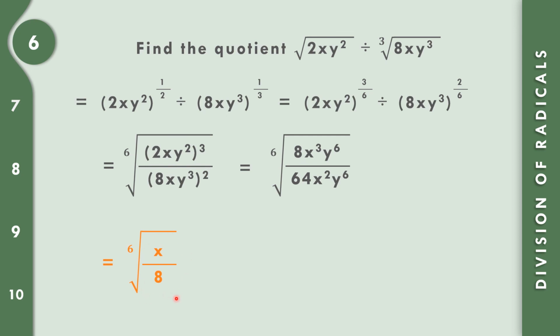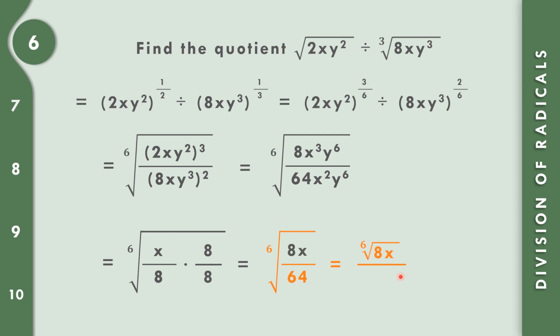Hindi pa to final answer because meron pa tayong radical in the denominator. So, our goal, kailangan ma-cancel tong 8 na to. So, what could be the number to be multiplied? The number to be multiplied to make it a perfect 6 root, that is 8. So, x times 8, that is 6 root of 8x. 8 times 8, that is 64. 6 root of 8x, wala.